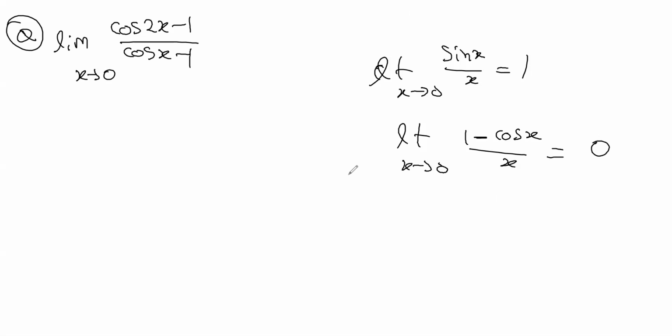Now if you see this, here it is cos x minus 1, but here it is 1 minus cos x. So do we take the negative out? Let's try to take the negative outside. So it becomes limit x tends to 0, minus of 1 minus cos 2x by minus of 1 minus cos x.